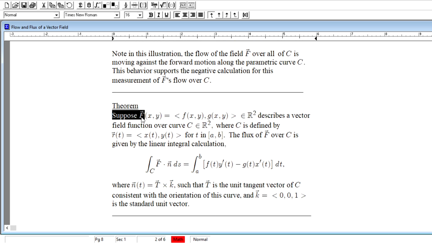This theorem looks a little similar in its setup, but I do point out to begin with, flux does exist in n-dimensional space, but flux across a line only is considered in a two-dimensional system.